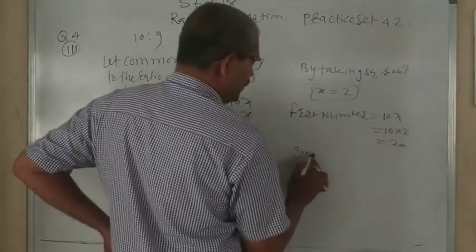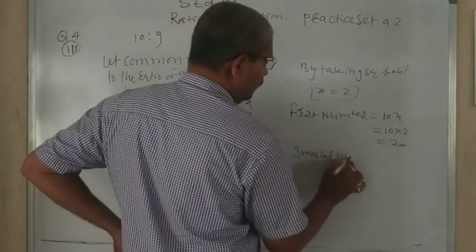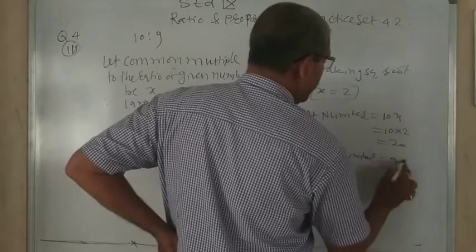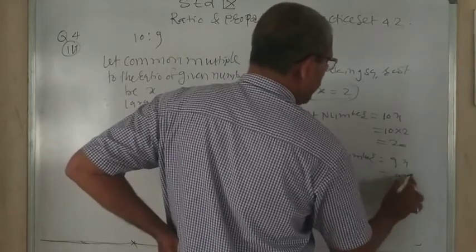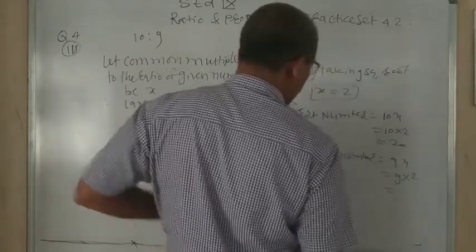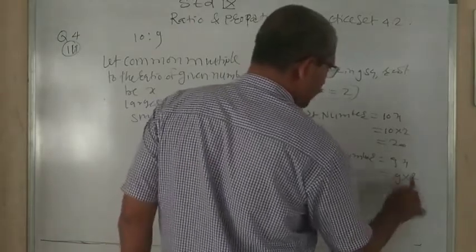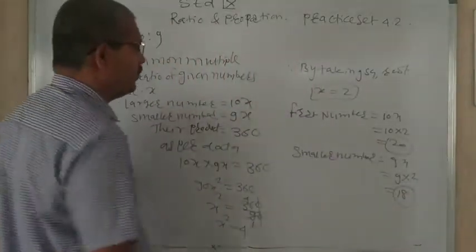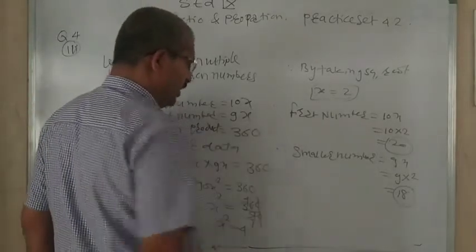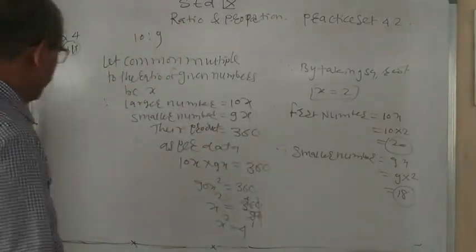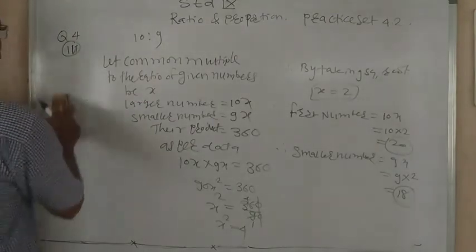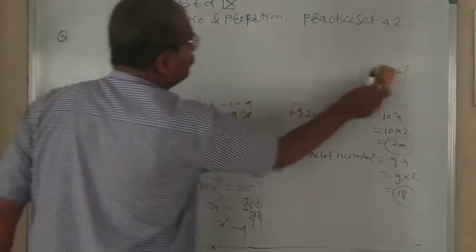The second number, or smaller number, is equal to 9x, which means 9 into 2, 18. Therefore 20 and 18 are the two numbers when their product is given as 360. By this way, question number 4 is completed.